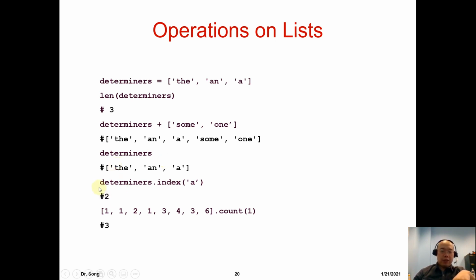Okay, for this one, determinants dot index a. We have a list of the determinants, and we want to get the index of the item A, and then we will have a 2. So let me ask this again, is that a function call or a method call? It should be a method call, because we are doing object dot method name again.